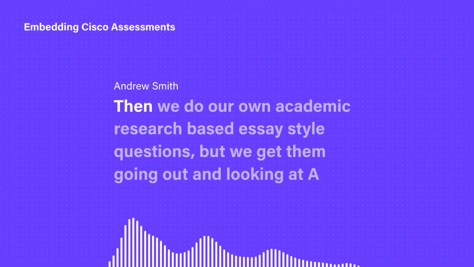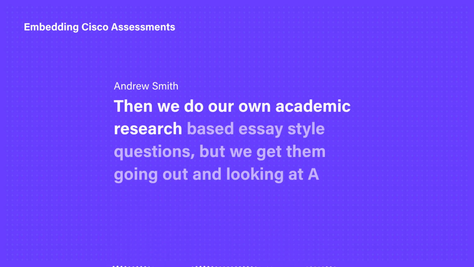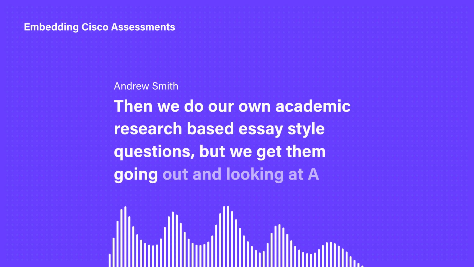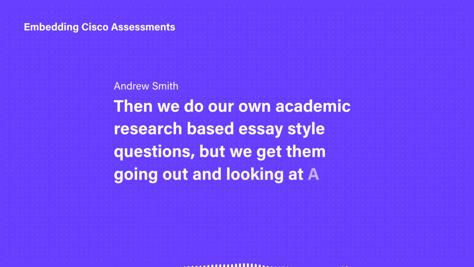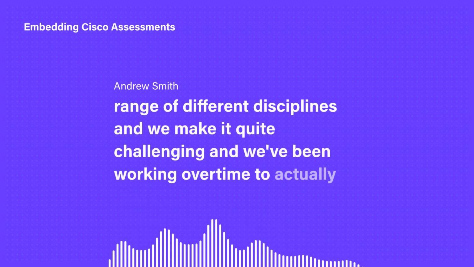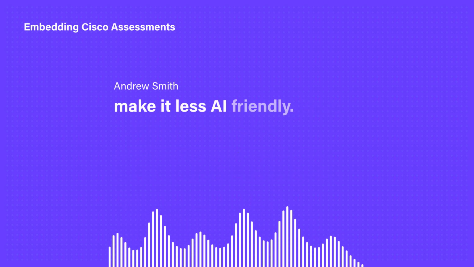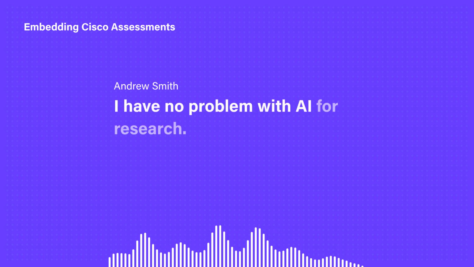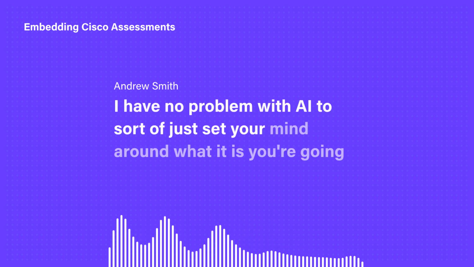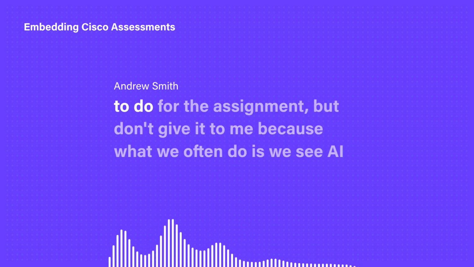Then we do our own academic research based essay style questions, but we get them going out and looking at a range of different disciplines, and we make it quite challenging. And we've been working over time to actually make it less AI friendly. I have no problem with AI for research. I have no problem with AI to just set your mind around what it is you're going to do for the assignment.